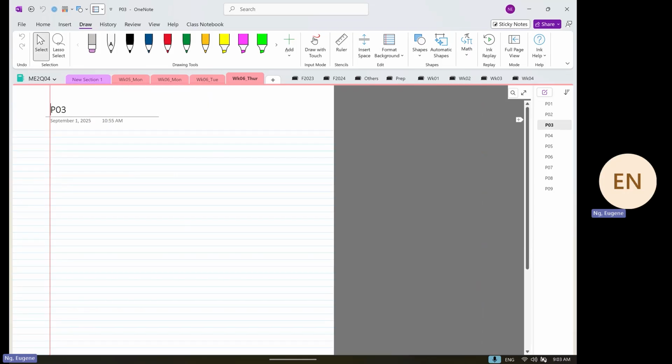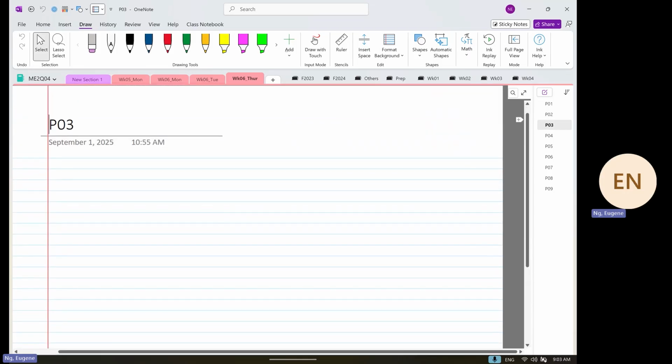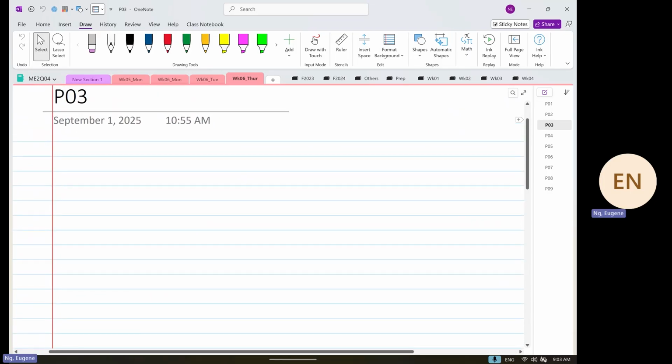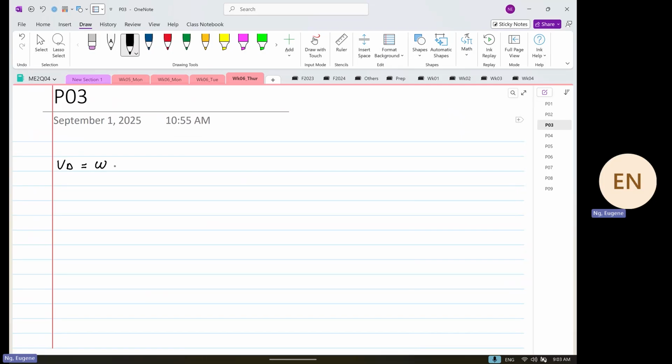Okay. So the first thing that we are going to determine is the velocity at point D. So this is equal to omega cross the radius, or the distance, or radius of D from point O. Okay, so let me get the diagram again.